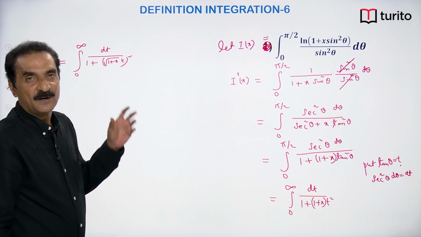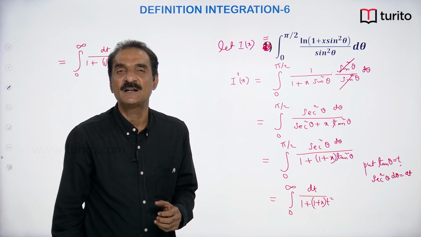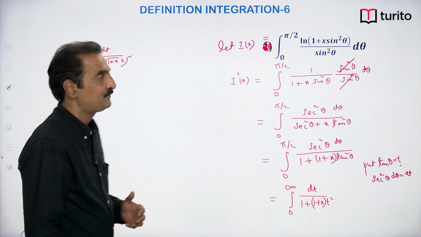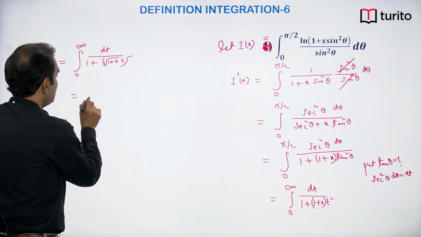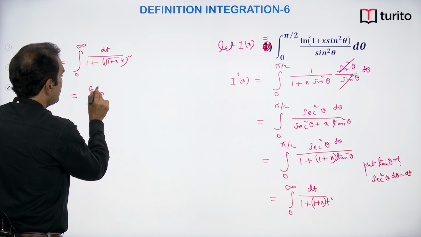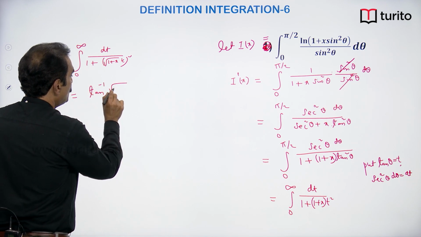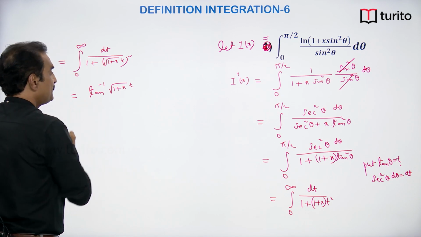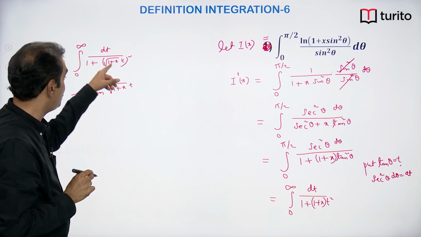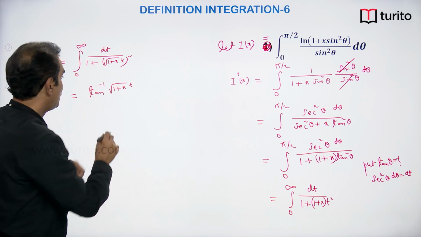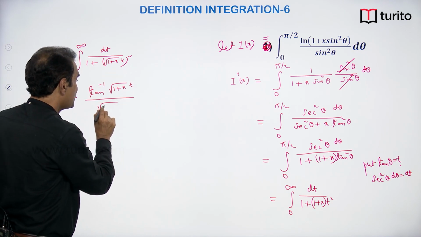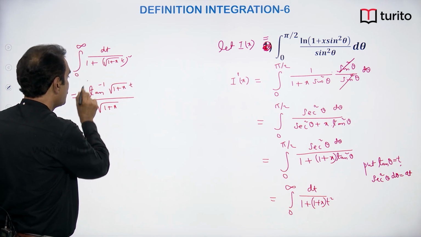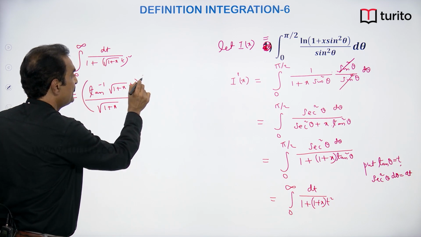It is in the form of 1 by 1 plus x square. What is the integral? Tan inverse x. So it is tan inverse of root 1 plus x into t, but we have to divide by the derivative of root 1 plus x into t, that is root 1 plus x. Now write the limits 0 to infinity.